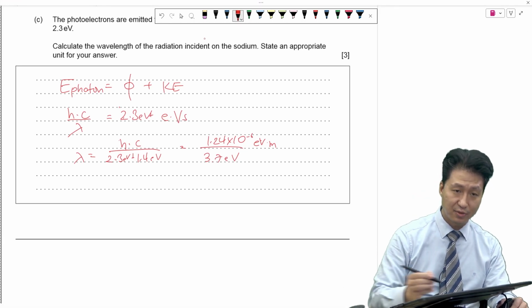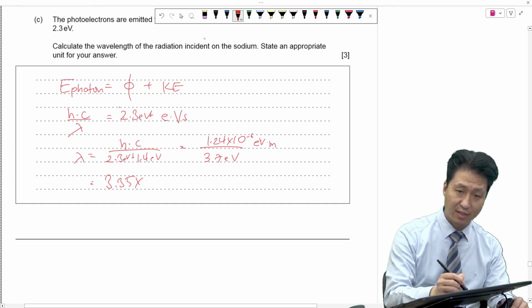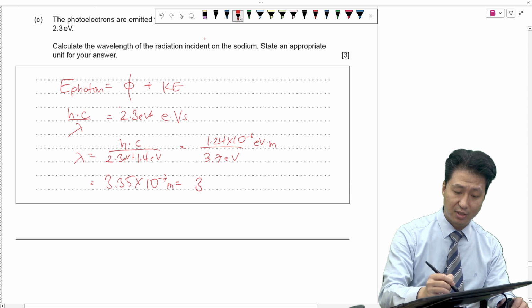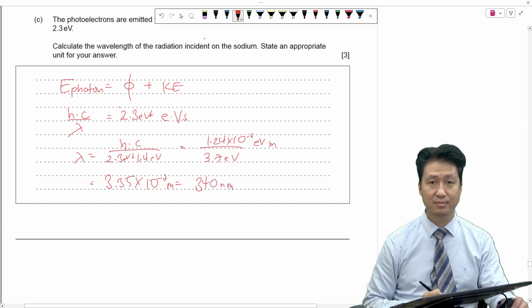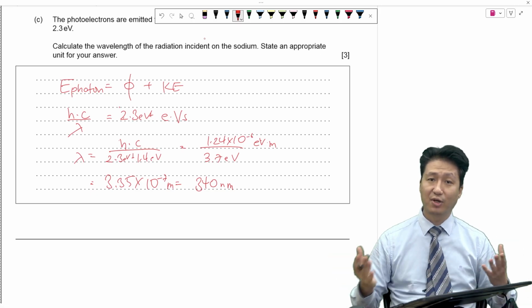Using this value, you get that the wavelength should be 3.35 times 10 to the negative 7 meters, which is 340 nanometers. That's the last question, so that's it for today. Thank you for watching and see you next time.